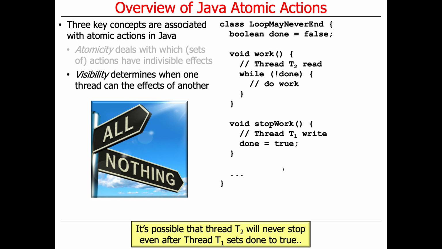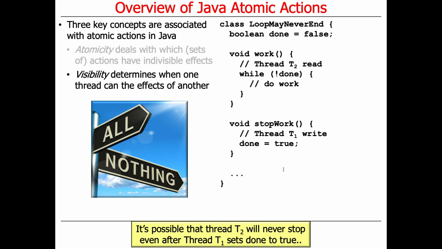And that's because in the absence of synchronization, there's no guarantee that the value that T1 sees of done will be propagated in such a way that the value that thread T2 sees of done will be updated to reflect the change.